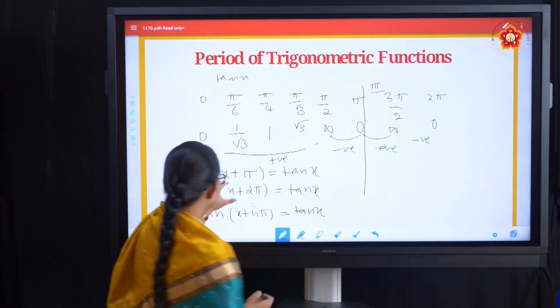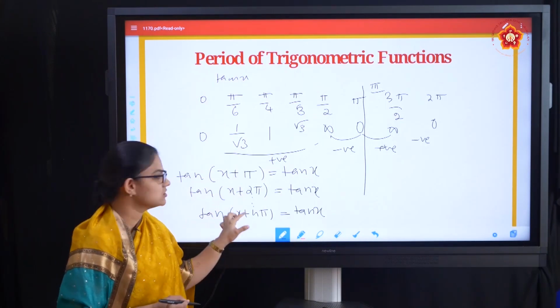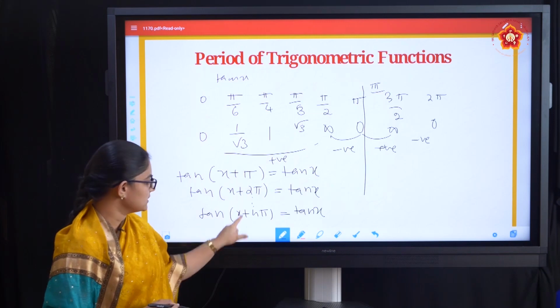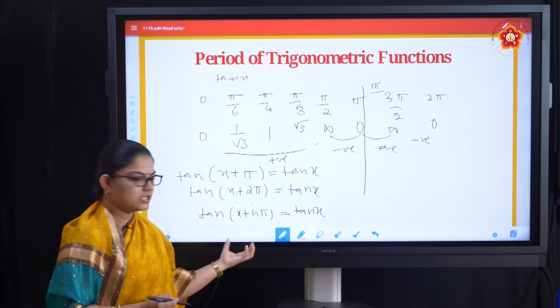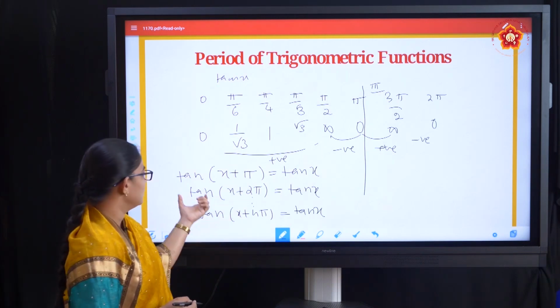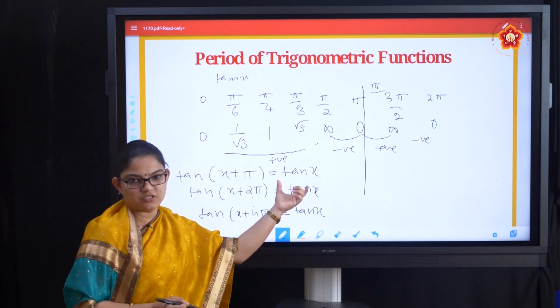And we can consider the negative value also, that is tan of x minus pi, x minus 2 pi, likewise x minus n pi for any n, where n is an integer. So we say tan remains unchanged.